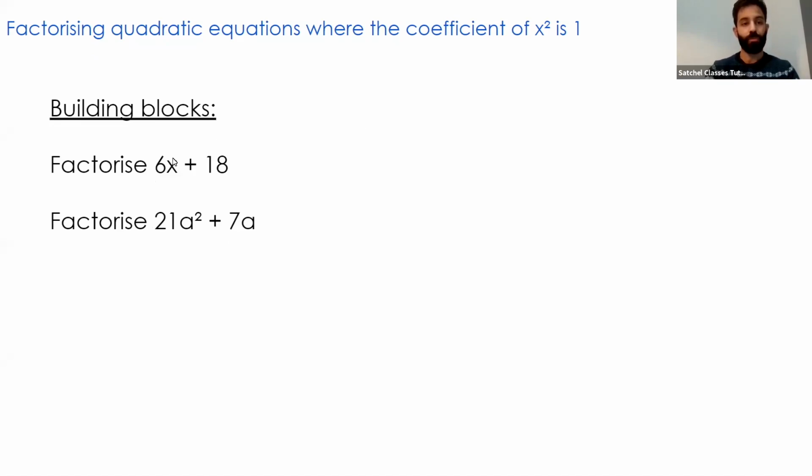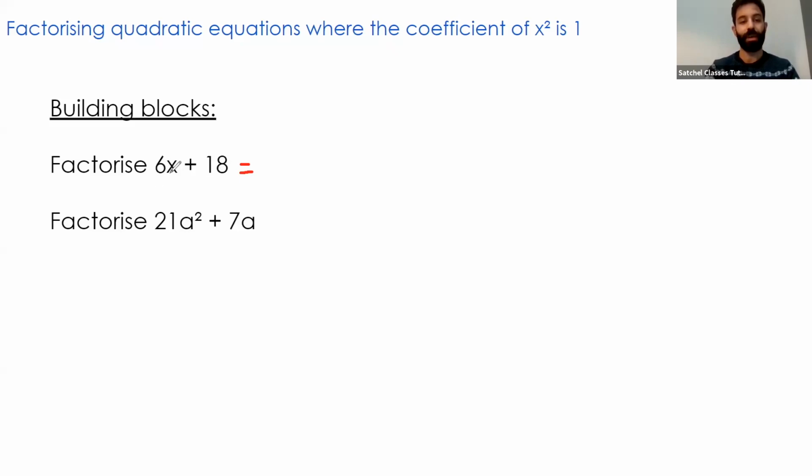So just to do some recap, we need to be able to factorize basic equations. So if we were told to factorize 6x plus 18, what that means is putting this expression back into brackets. What that would look like is we need to find the highest common factor of these two terms.